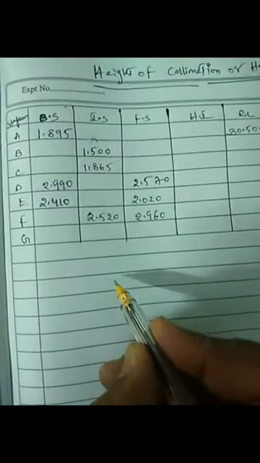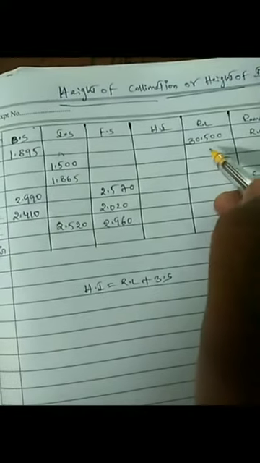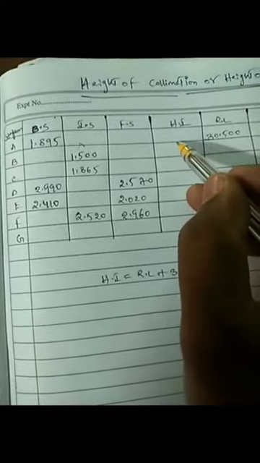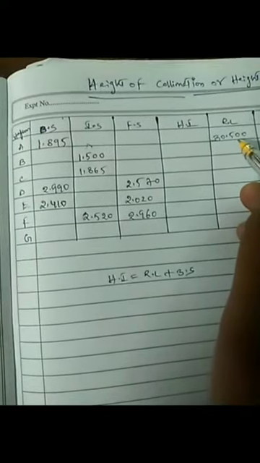Now we have to calculate the height of the instrument. What is the height of the instrument formula? As we know, HI is equal to RL plus BS. What is the RL here? 30.500. So to get HI we have to do 30.500 plus 1.895.